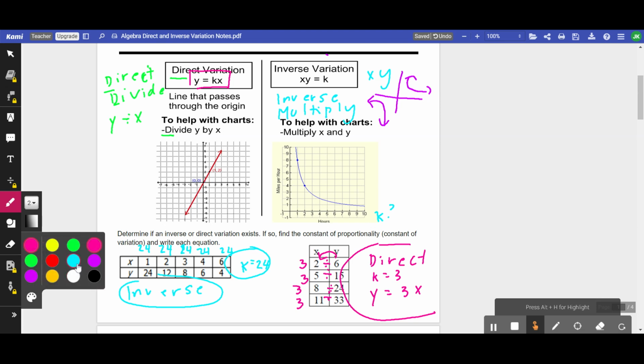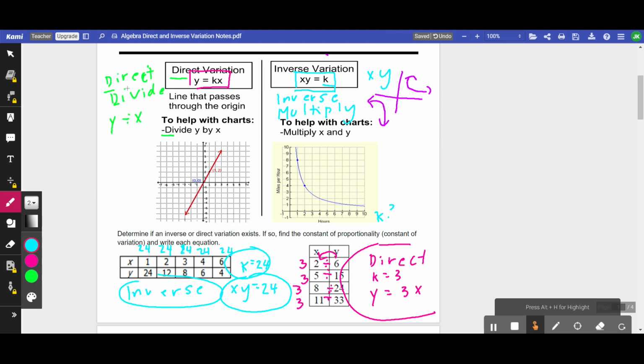Which means for this one here, we already figured out our k was 24 and it was inverse. So you can sub your k right in here. So this will be xy equals 24, because you can just have the 24 in there since you know the k was 24. And those are your equations there.